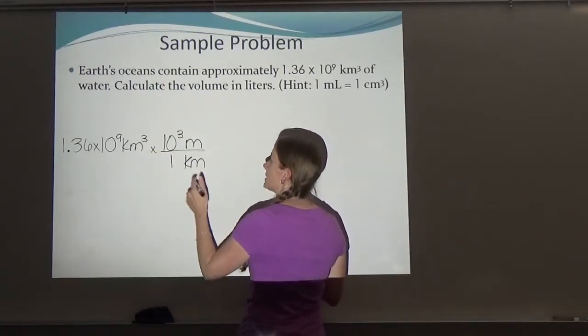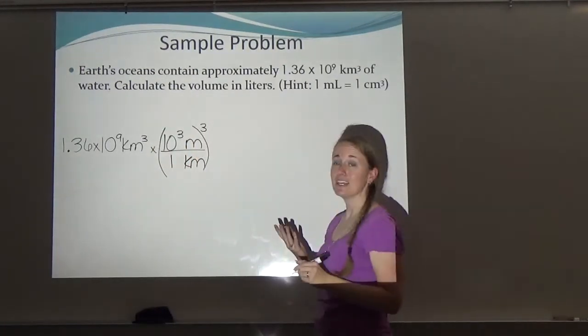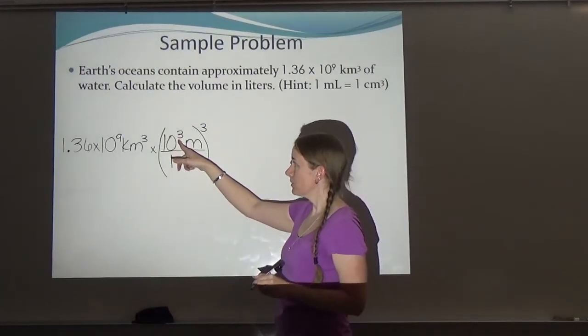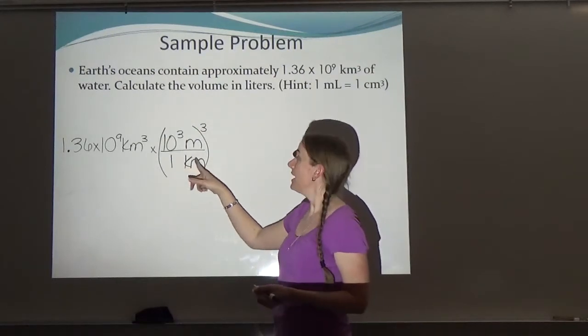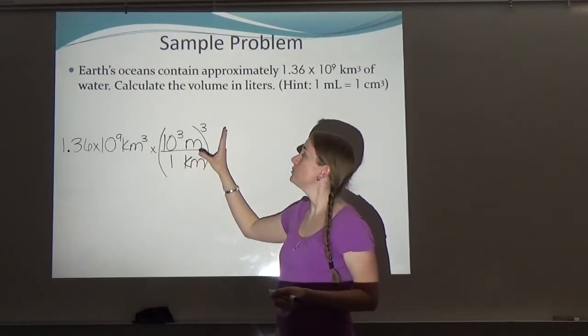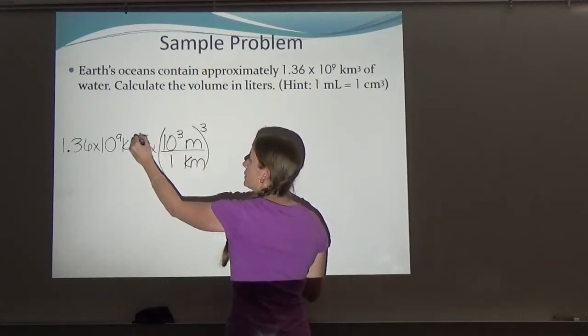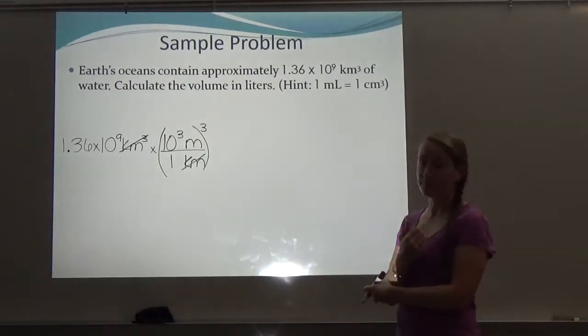So how we cancel out all 3 is we take the entire conversion factor and cube it. When you do that, it cubes the number, it cubes the unit, it cubes this number, and it cubes this unit. It cubes everything. Okay, so now I have canceled out a kilometers cubed because I've cubed this entire thing.